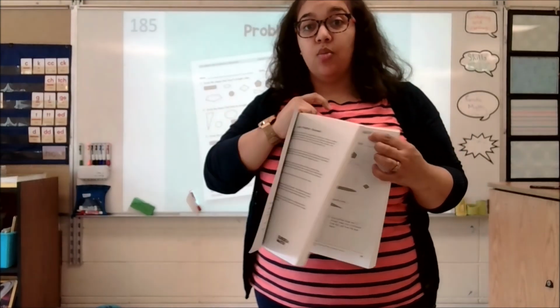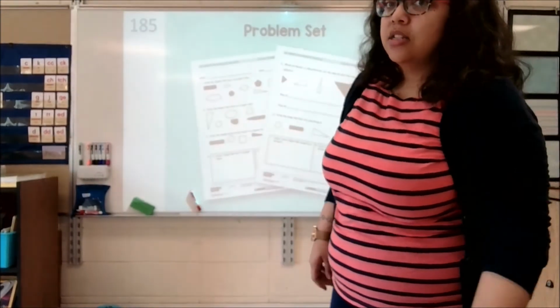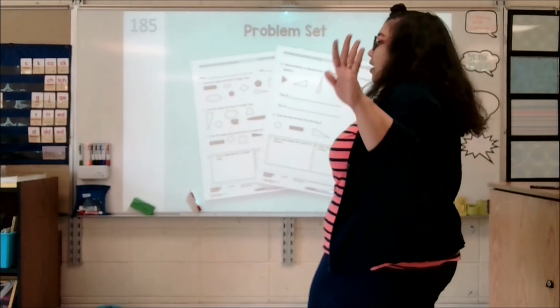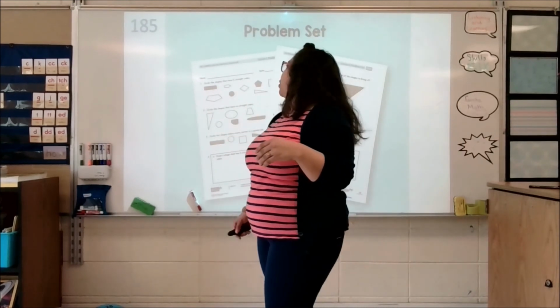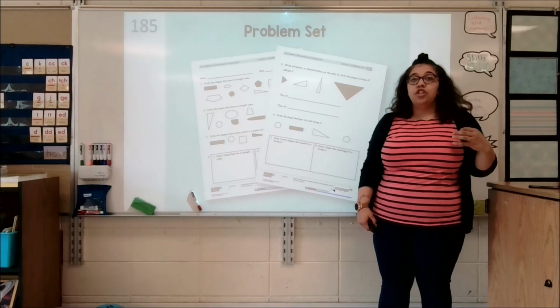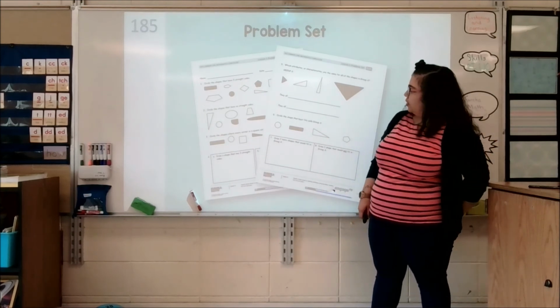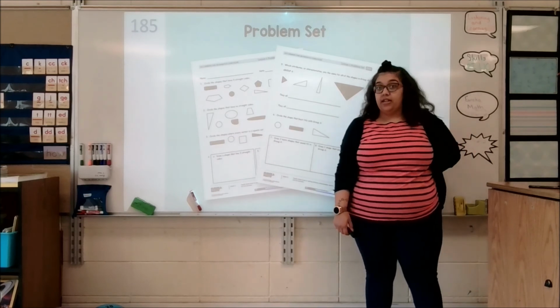Even though we're way deep in the book, you're back at Lesson 1. So it's 185. It is front and back. And you're going to be circling shapes, drawing shapes, and identifying 3 and 4 sided shapes. Is it 3s and 4s? 3s, 4s, and no sided shapes today.